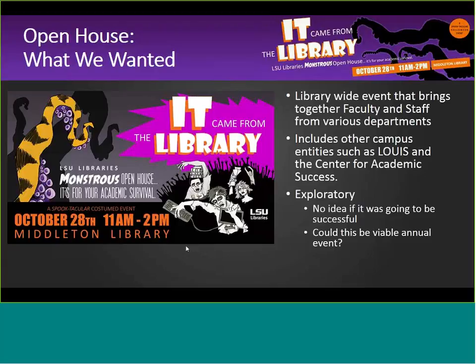And when we first began, we also included outside library entities such as VetMed, the vet medical library, which is not a part of the LSU Libraries, and the law library as well.